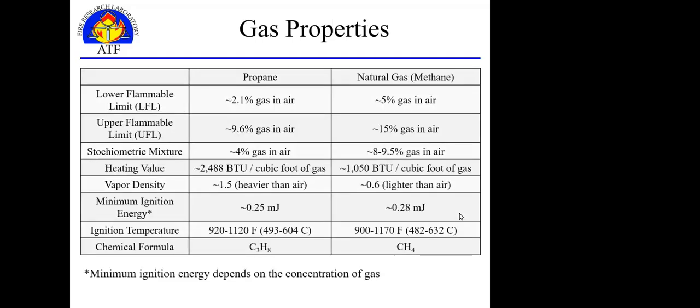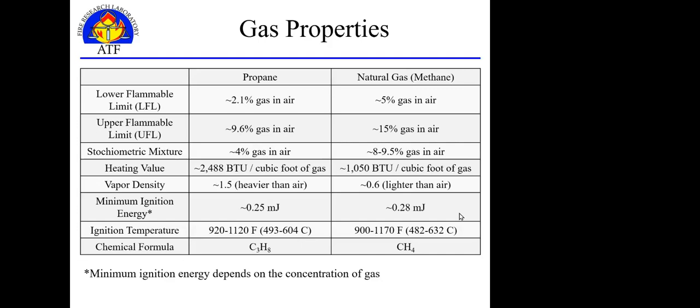Just laying the groundwork for some background stuff, particularly with propane and natural gas, which are the two most common fuels that we're going to be dealing with in a typically residential or even commercial or industrial explosion. Propane has a lower flammable limit of about 2% and an upper flammable limit of 9.6%. So approximately 2 to 9%, or a 7% window of gas and air.